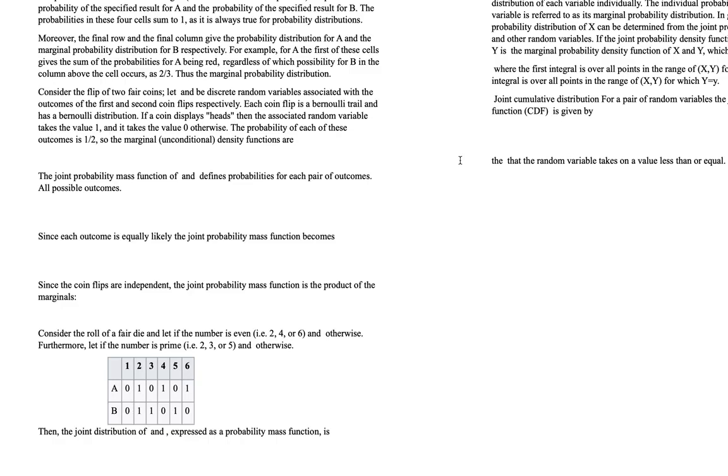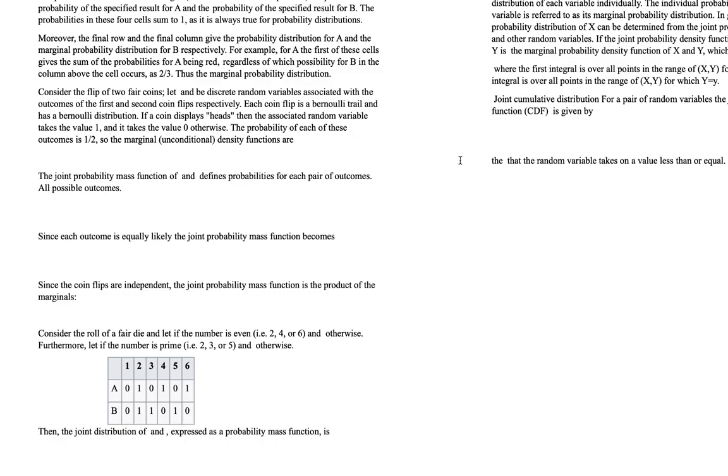Consider the flip of two fair coins. Let X and Y be discrete random variables associated with the outcomes of the first and second coin flips respectively. Each coin flip is a Bernoulli trial and has a Bernoulli distribution. If a coin displays heads, then the associated random variable takes the value 1 and it takes the value 0 otherwise.